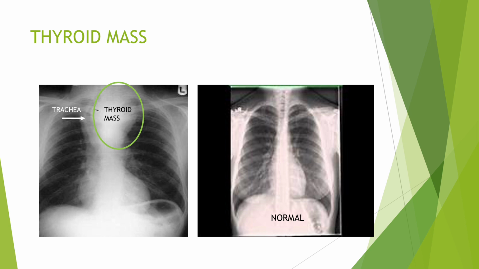For you to easily find the abnormality, I have placed the normal chest X-ray on the right side for comparison. You can see in the normal chest X-ray that the trachea is air-filled and seen in the midline, and there are no masses seen in the neck and the superior mediastinum.